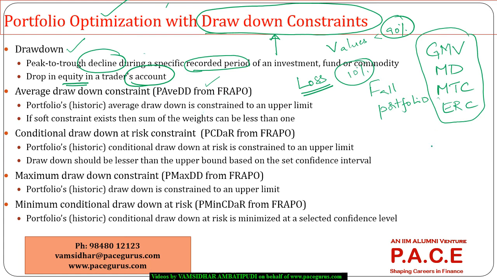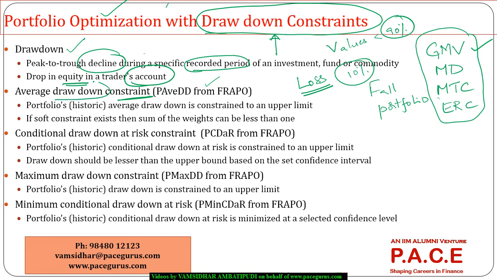So it may not be the global minimum variance portfolio or any of these, but definitely the portfolios focus on the losses not going below a specific point. So we are talking about drawdown constraints, wherein I'm looking at different kinds of constraints.